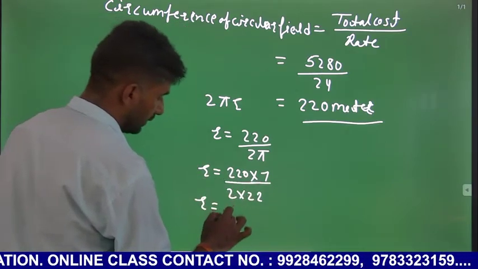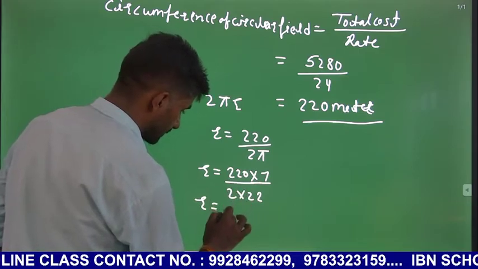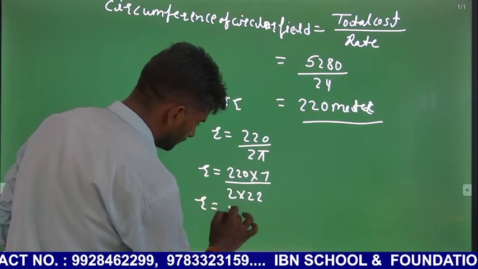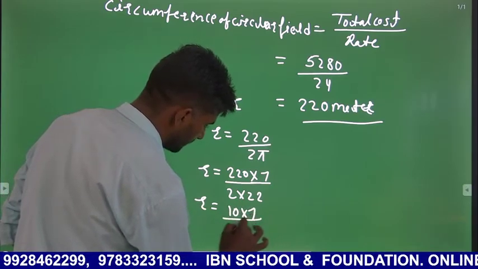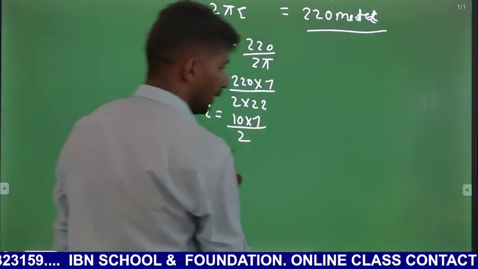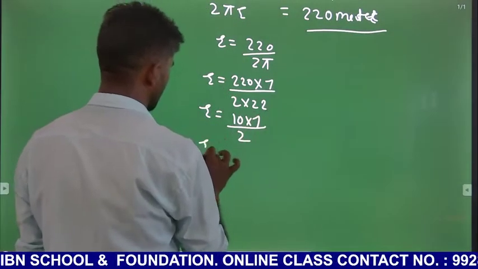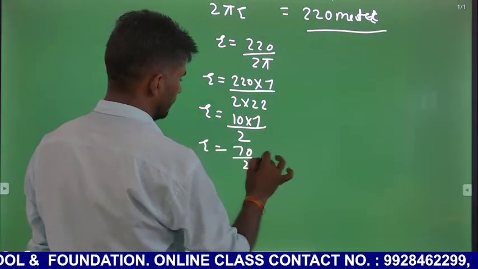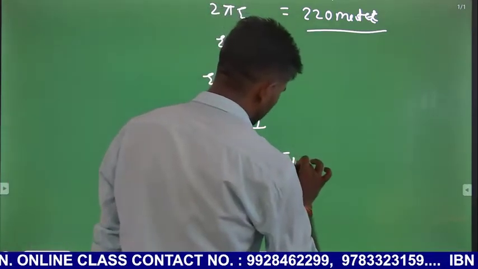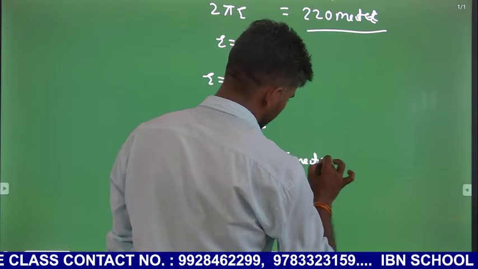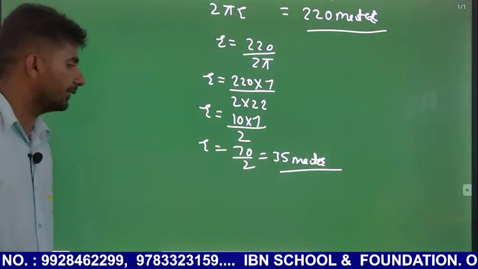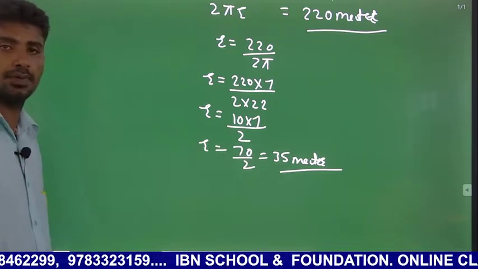Simplify here, and this is 70 divided by 2 is 35 meter. So r is 35 meter.